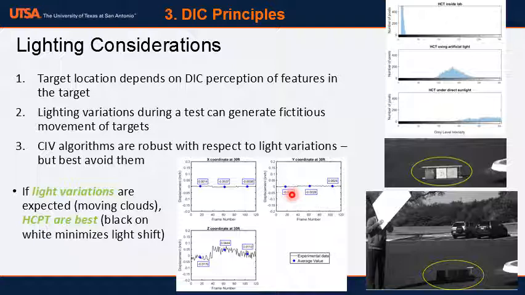If you do not have that luxury and you do expect a lot of lighting changes, then we advise that you use the high contrast physical targets. They're black on white. That high contrast black on white will minimize the light shift, and these values here are for high contrast physical targets.